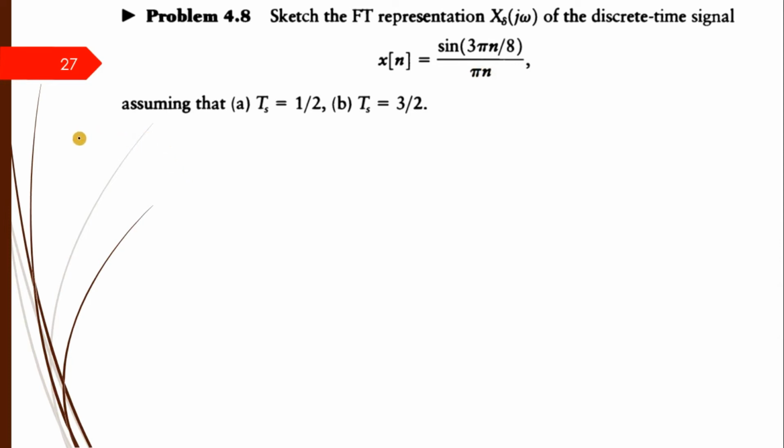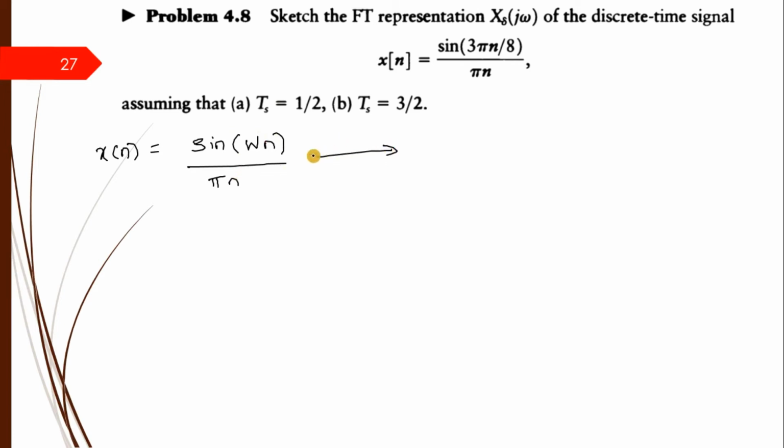From the previous chapter's studies of Fourier transform and DTFT, I'm writing this. If your x of n is a sinc function like this, sine Wn, I'm not writing sinc, just the previous step of it, because it is given as sine Wn by pi n. This was the derived and solved question in chapter 3.